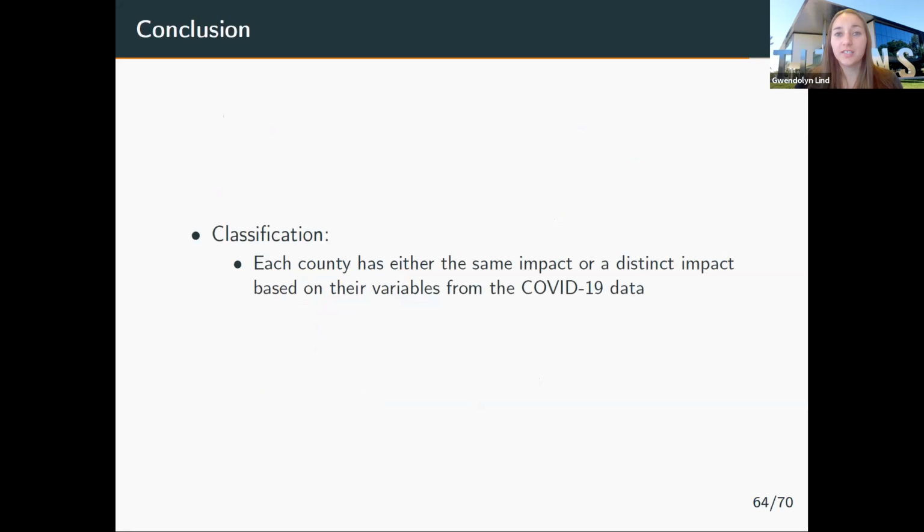And then for classification, just a summary: each county has either the same impact or a different impact based on their variables from the COVID-19 data. So some variables that were consistent within each county were the counties' mobility to grocery stores, retail, and different requests, while understanding each county's different behaviors revealed a bit more information.